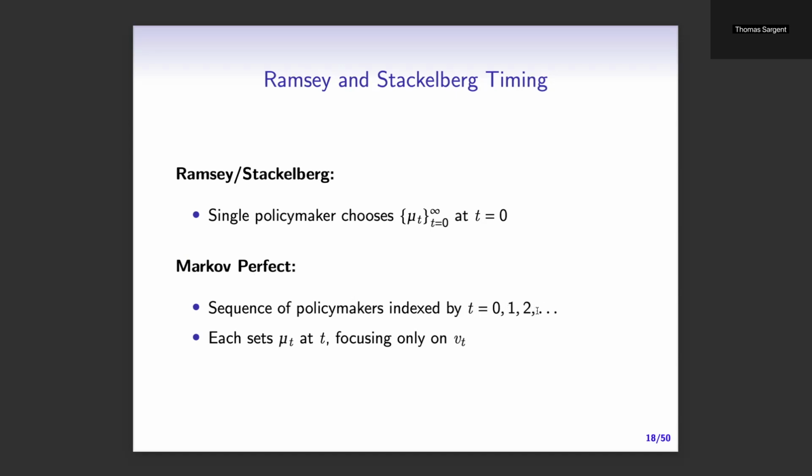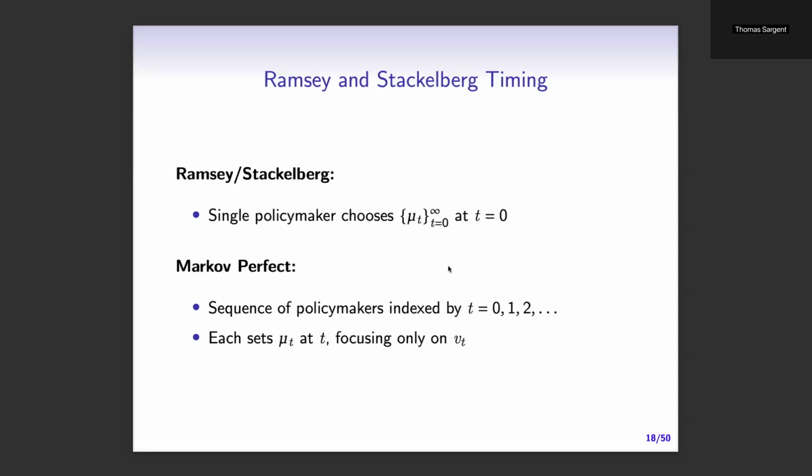So they're really going to choose on their own. Each policymaker is going to set mu t at time t, focusing only on the continuation value vt. That's all it's going to focus on.